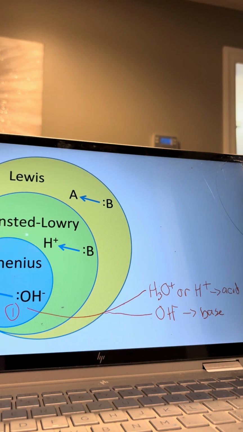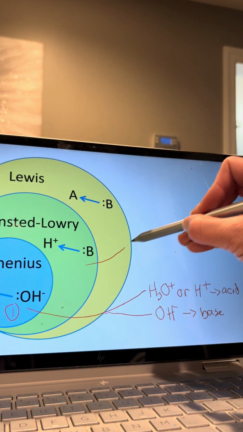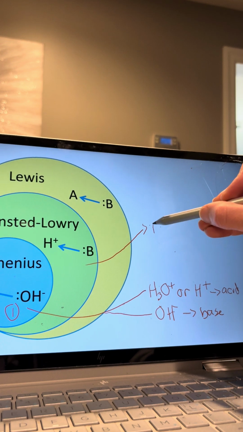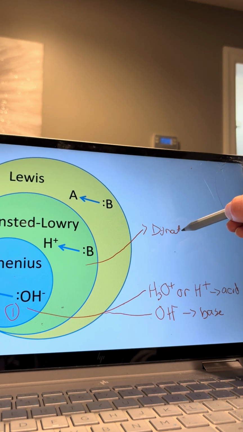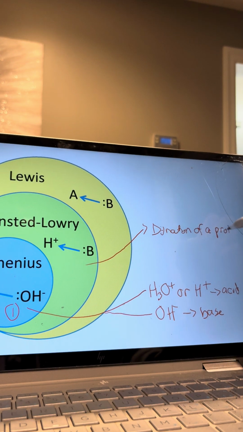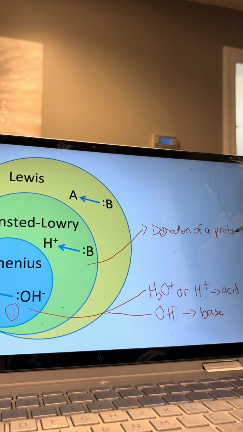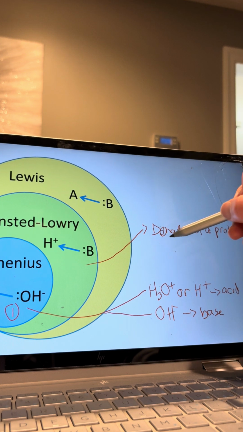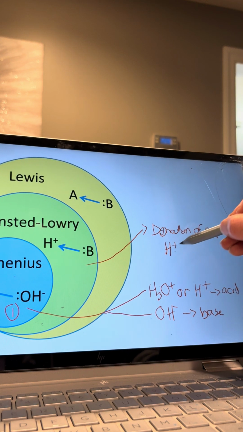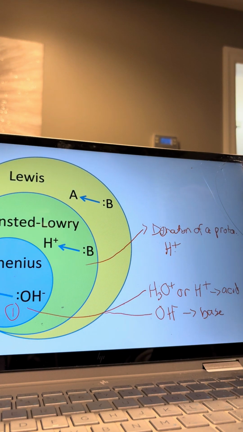So the next theory that we're going to be focusing on mainly is the Bronsted-Lowry theory. What this one involves is a donation of a proton. Remember, and I think we talked about this quite a bit last year, that the hydrogen ion, H+, is actually just a proton floating around.